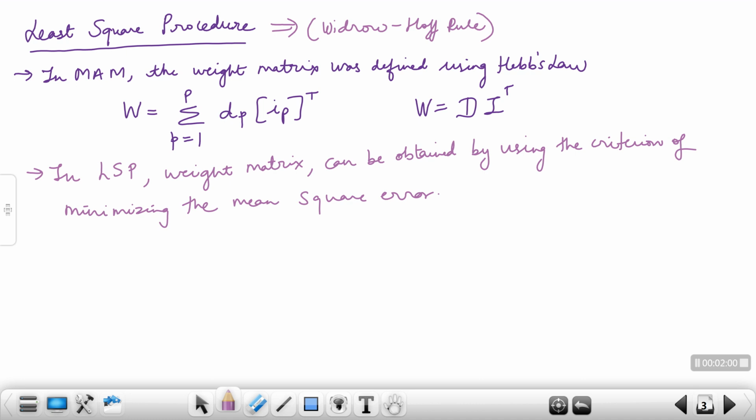The weight matrix which we will be finding will be indicated as capital omega. We shall check what this mean square error, which I would call capital E, will be, how we are going to minimize this error, and what weight matrix would help us minimize this mean square error.